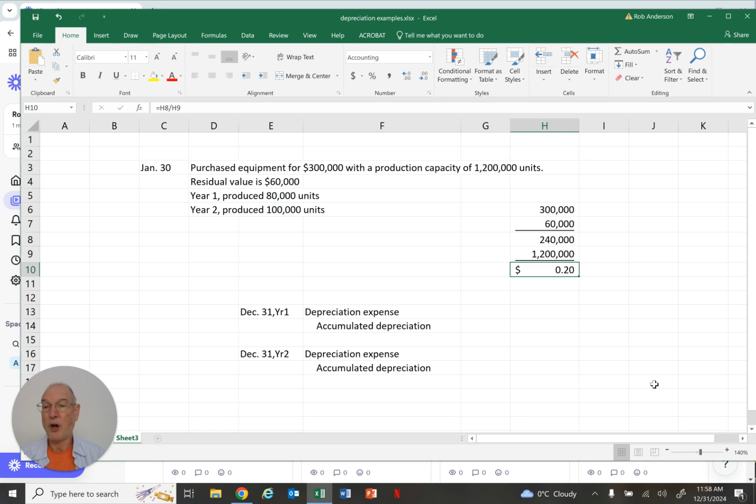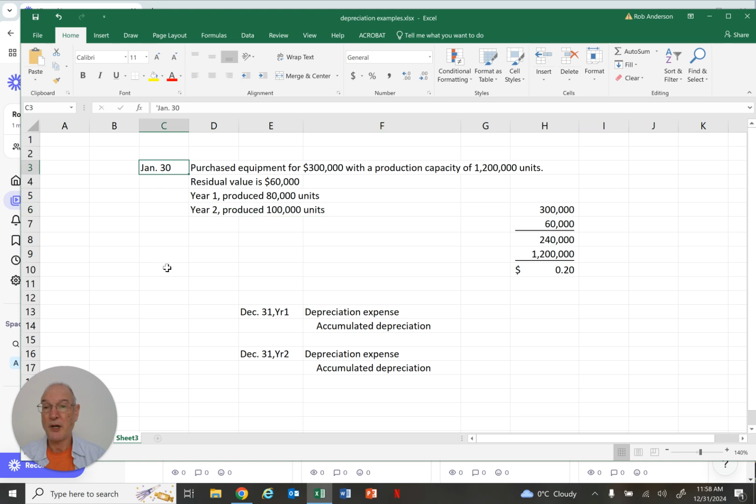So now we have a rate, and all we need to do is apply that rate for one unit to the total number of units produced during your year. So up here, as an example, we have year 1 production and year 2 production.